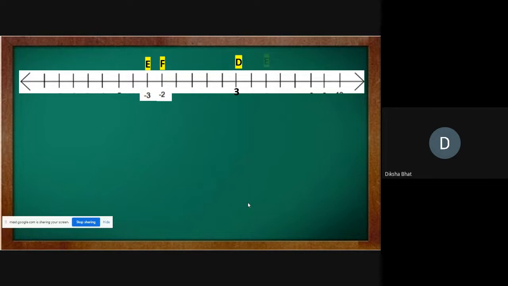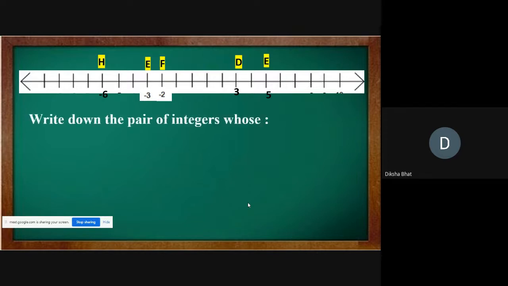Which integer is marked by E? 5. Yes, very good. Which integer is marked by H? Negative 6. Correct. Now write down the pair of integers whose sum is 7.